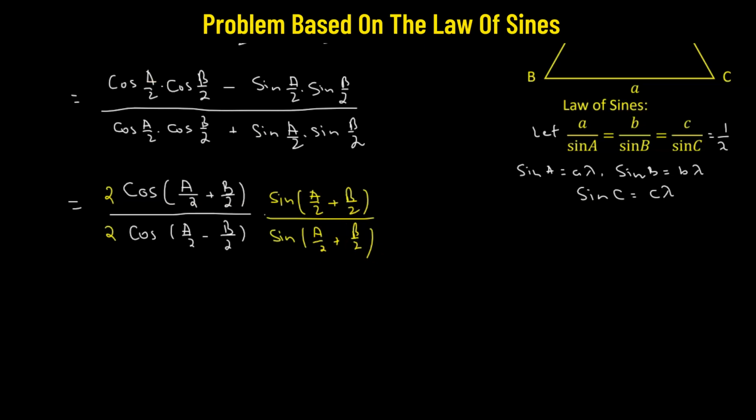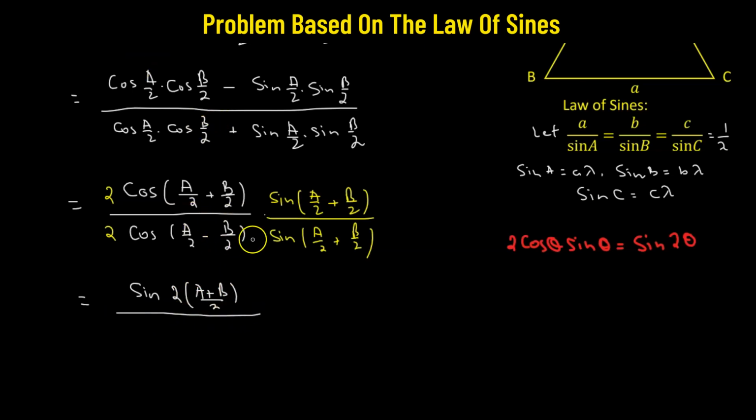Now we are doing this so that the numerator can be reduced by using the formula that 2 times cosine theta multiplied by sine theta is equivalent to sine 2 theta, which means we can represent the numerator as sine 2 times A plus B over 2, whole divided by, in the denominator, 2 times cosine of A minus B over 2 times sine of A plus B over 2.